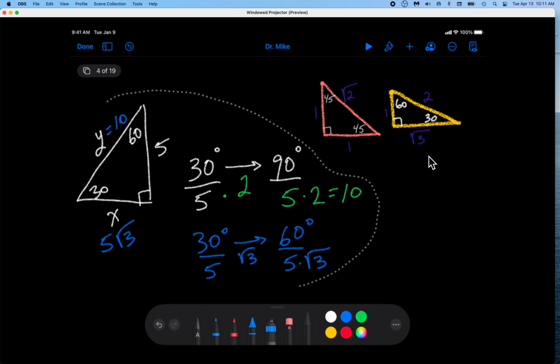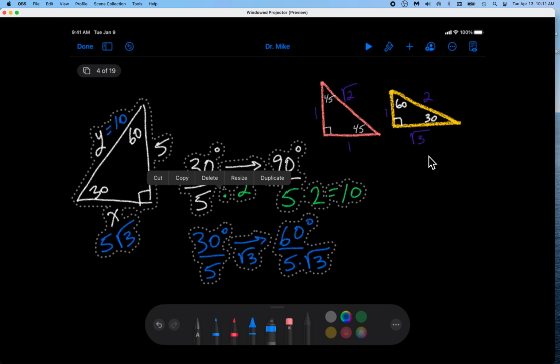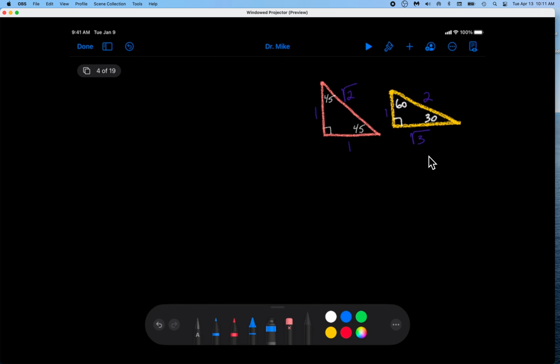Let's do another one. Okay, so this is a 45, 45, 90 degree triangle, and we're asked to find the other sides.